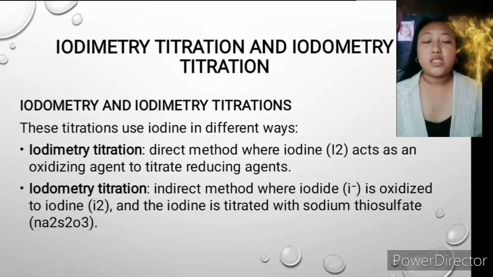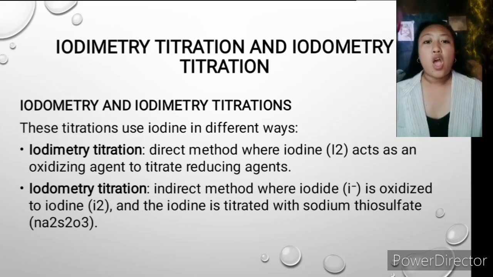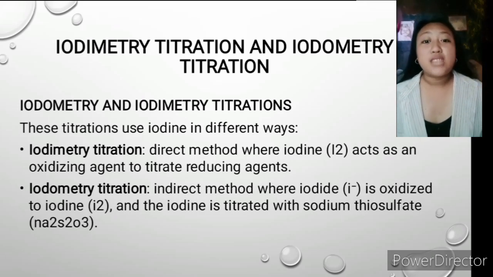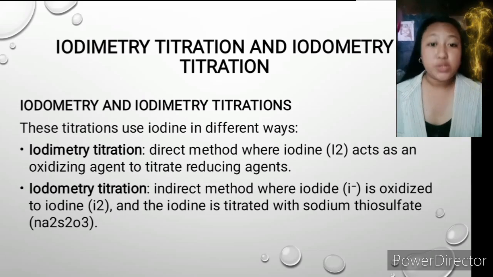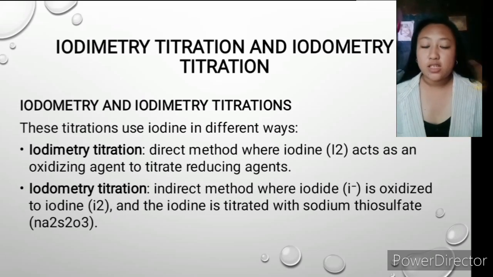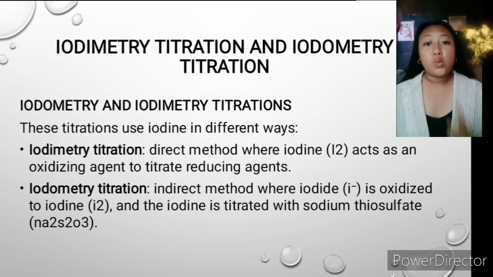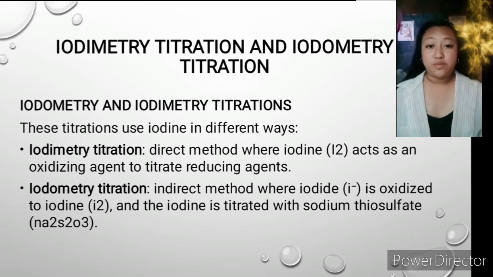So in this process of iodimetry titration, we will be putting starch, our indicator, and the sodium thiosulfate, which is our reducing agent. Next, we'll be putting 2 to 3 drops of the oxidizing agent, which is the iodine solution.